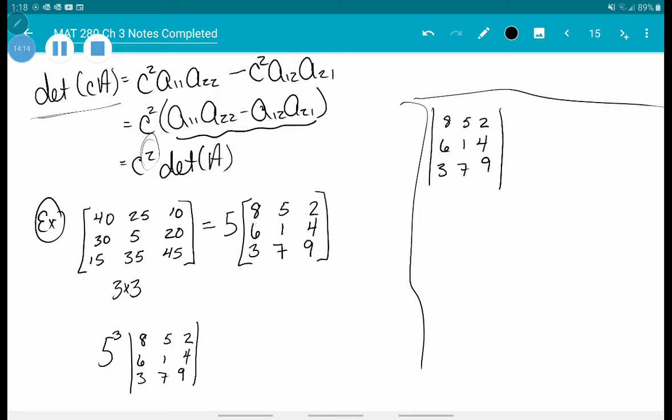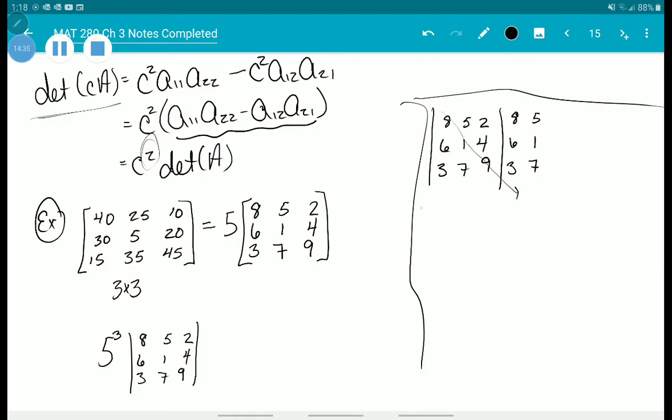So let's find the determinant of that guy. I'm going to use that shortcut method on this one. You could do an expansion along any row or any column. Since there's no zeros, there's nothing that really stands out to me as to I should do this column or this row. So I'm just going to use that shortcut.